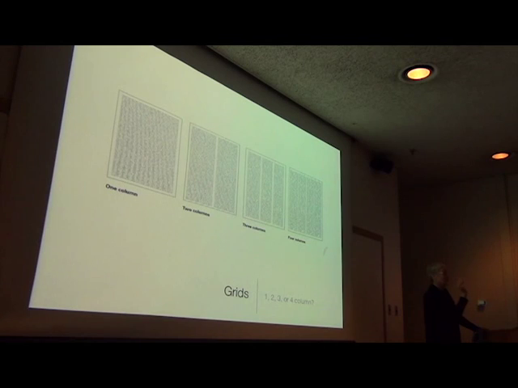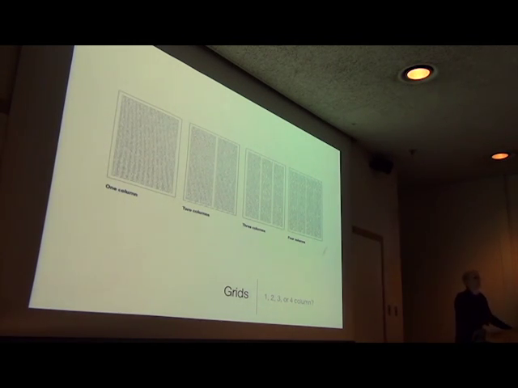That column is very difficult to work with to make type look beautiful, especially if you want justified type, which most of you do. Most people like to align their type in architecture, aligned on both sides. That's very difficult to do. The shorter your measure, the width of that column, the harder it is to justify your type and make it look good.